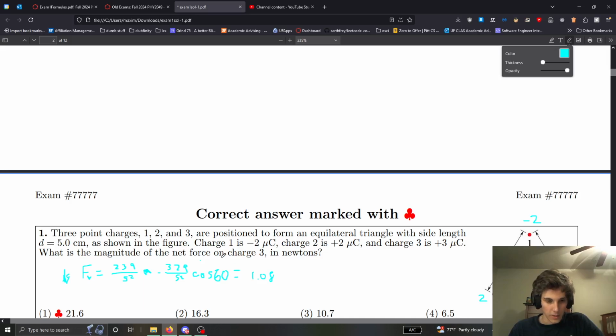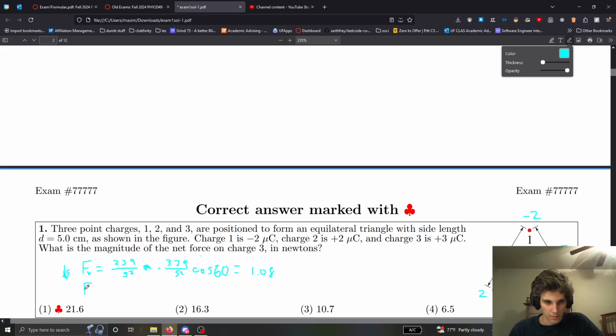And then we have the force in the y direction, which is just impacted by this here. It's this 3 times 2 times 9 divided by 5 squared. Here we want this component, which is the sine of 60 degrees. So again, 3 times 2 times 9 divided by 5 squared times sine of 60 degrees.